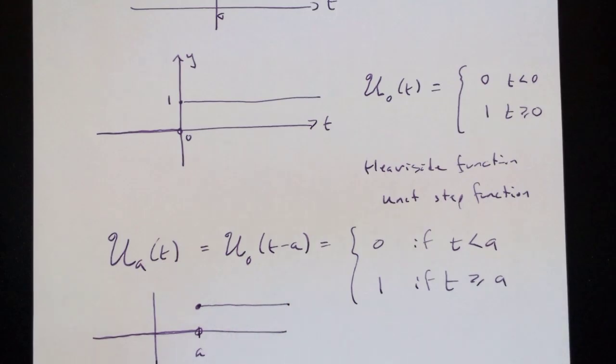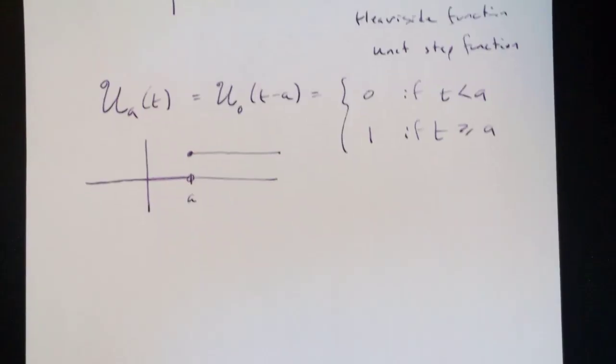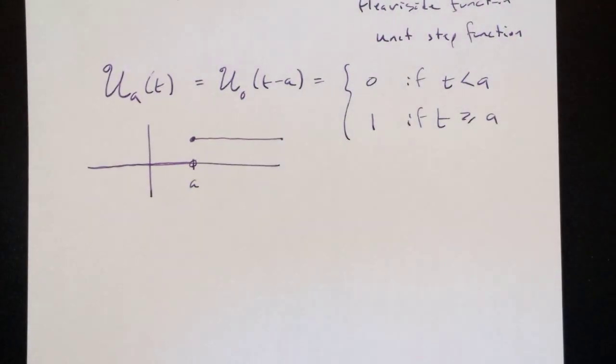Instead of turning on at time 0, it turns on at time a. Every piecewise defined function we have can be thought of as a combination of Heaviside functions multiplied by other things. Let's consider this function.